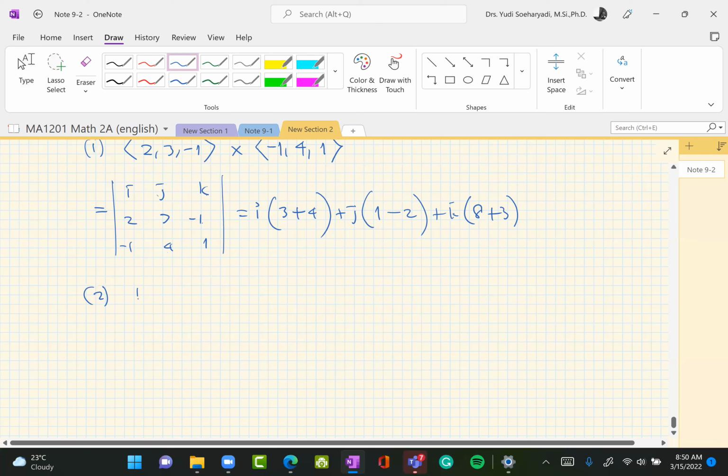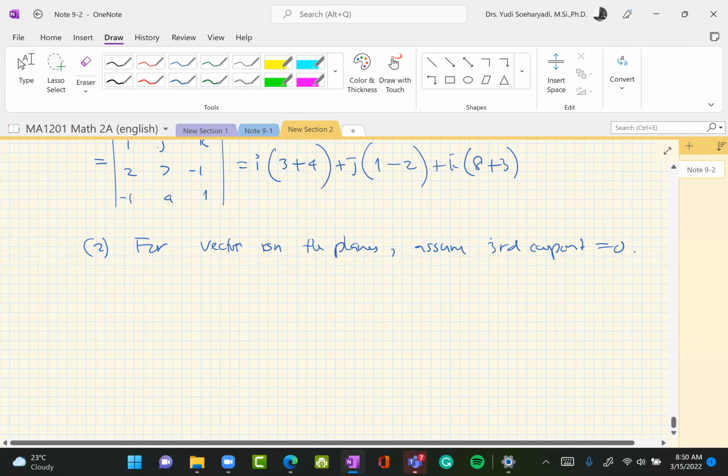And for vectors in a plane, assume the third component is 0.